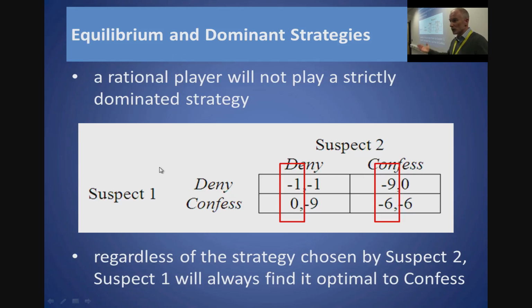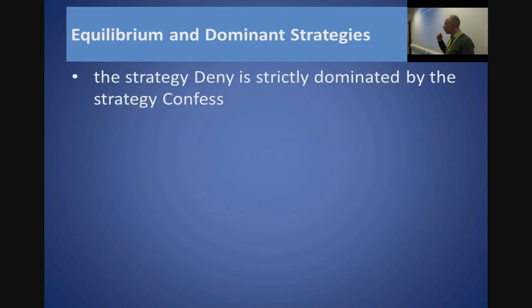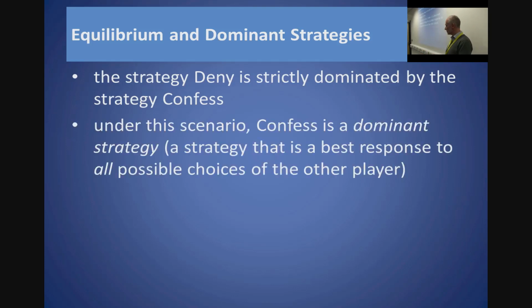And so, we know in this game, doesn't matter what suspect 2 does, suspect 1 will always choose to confess. Because deny is strictly dominated by confess. We said a rational player will never choose a strictly dominated strategy. So, we know exactly what suspect 1 is going to do.